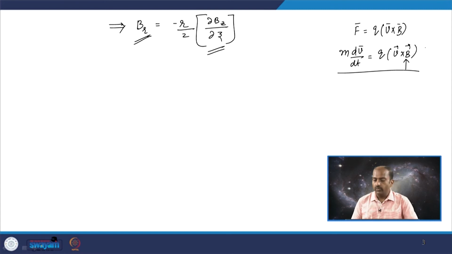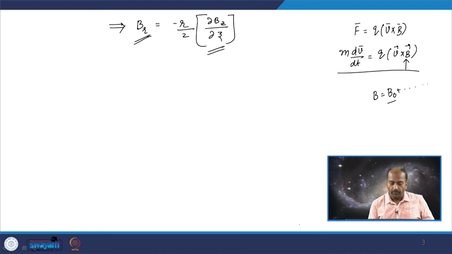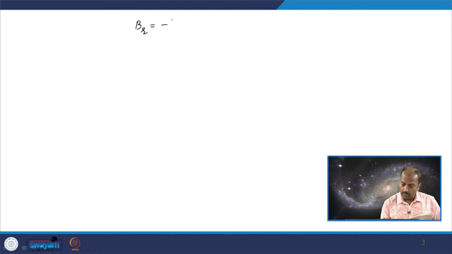In the second case, we took this magnetic field and we made a Taylor expansion such that B0 is the magnetic field at the center of the gyration orbit, and B0 remains B0 within the distance of RL, right. Then in the third case, we are still going to do the same thing. Br is minus R by 2 dou Bz by dou Z.